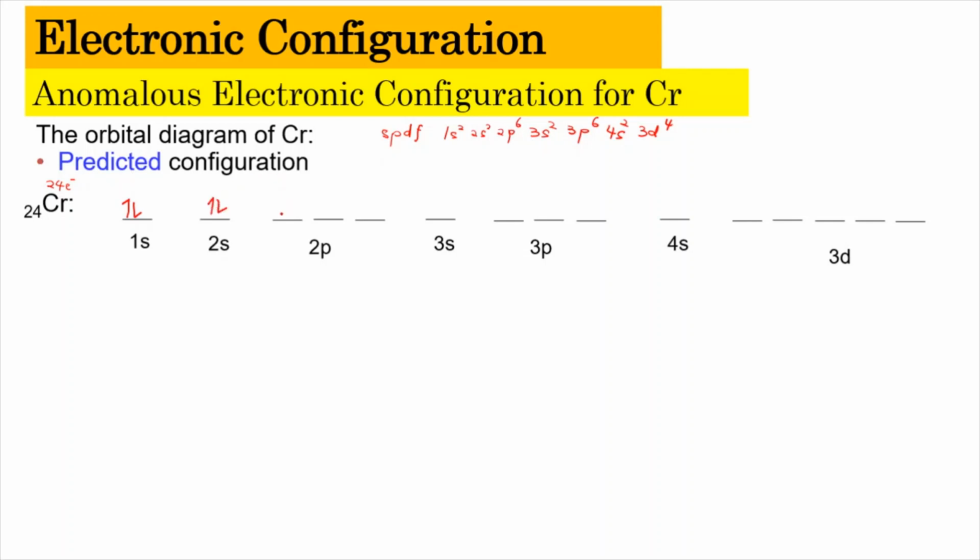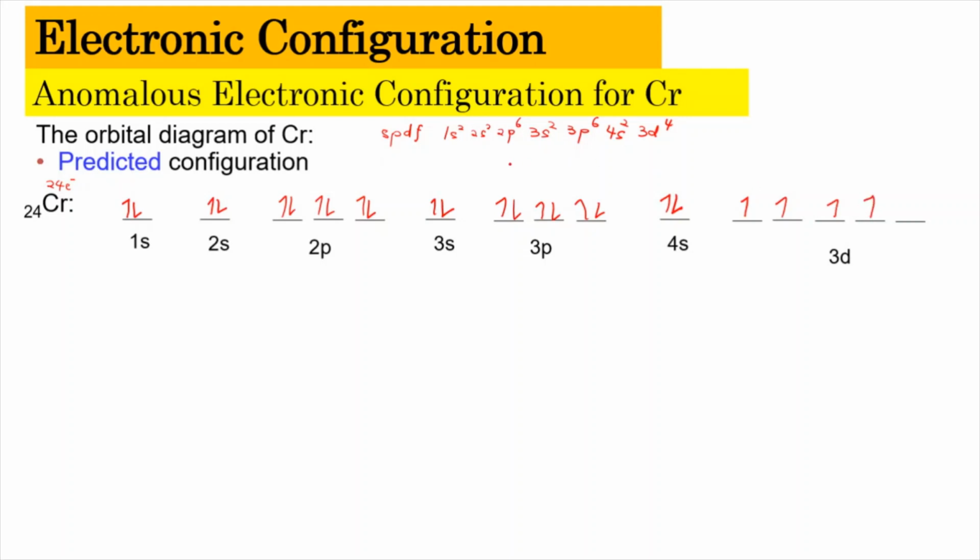Then the next orbital, 2p6, so 1, 2, 3, and then we pair them together. Then 3s2, 1 and 2. Then 3p6, which is 1, 2, 3, 4, 5, 6. Then the next orbital, 4s2. And then we have 3d4, 1, 2, 3, and 4.